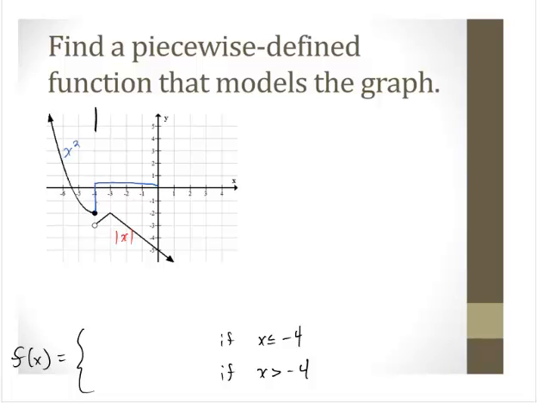So let's start there by saying that that function is a by x plus 4 square minus 2. We have another point right there at -5, -1.